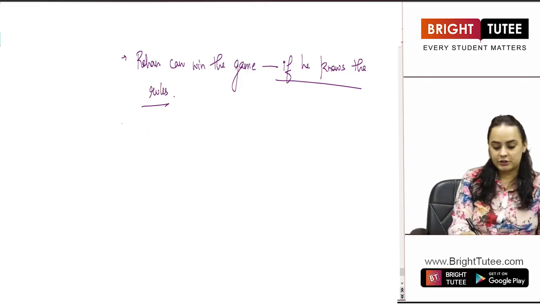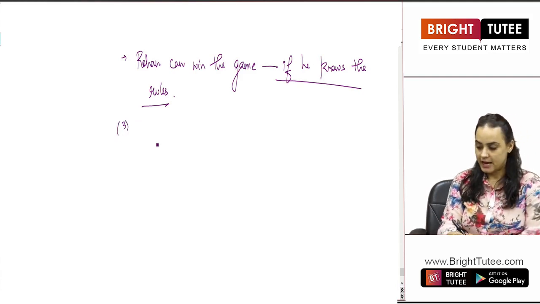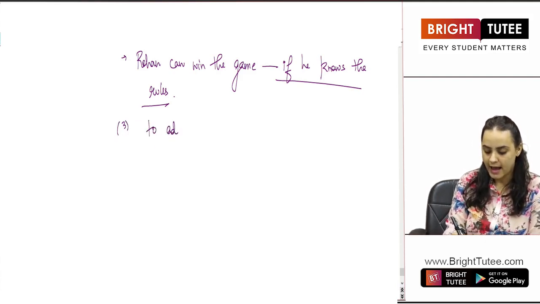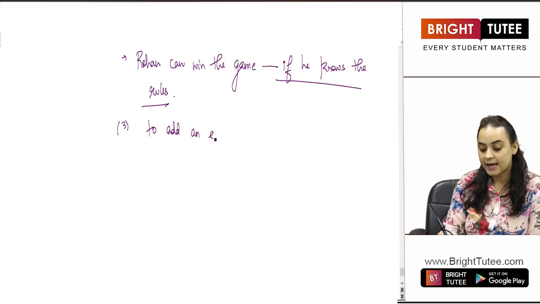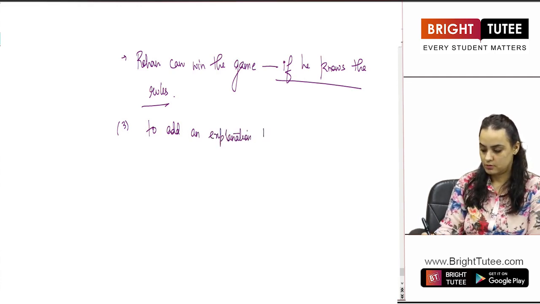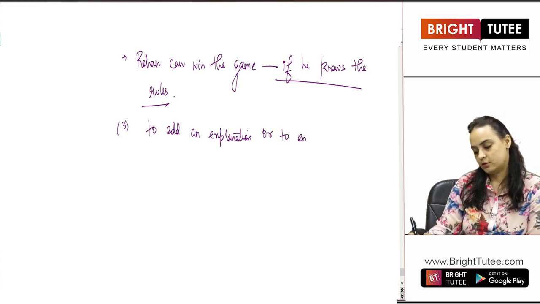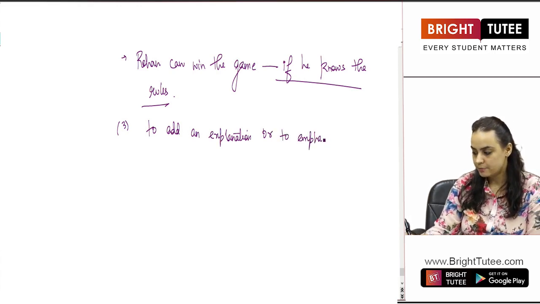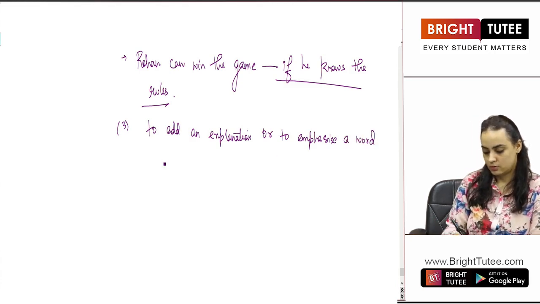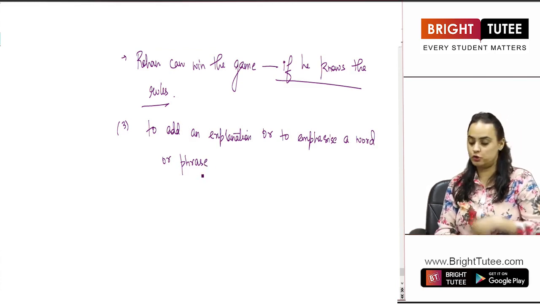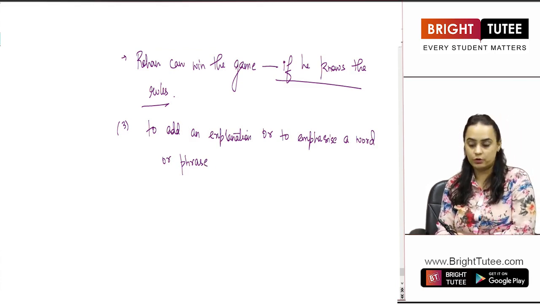Now, the last use that we have of a dash is to add an explanation or to emphasize a word or phrase. So if you wish to add some explanation, you want to emphasize a word or a phrase.